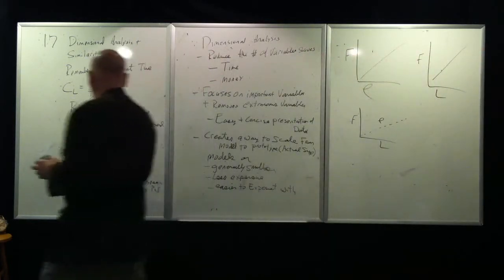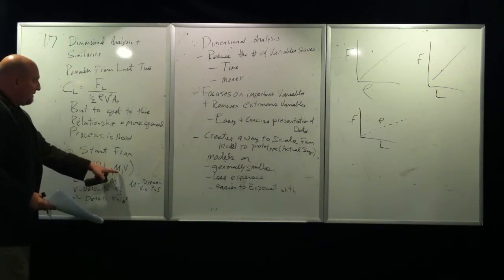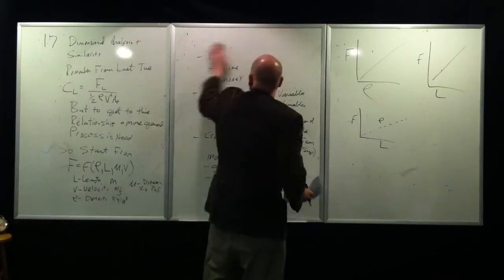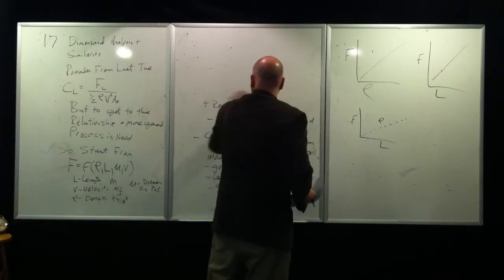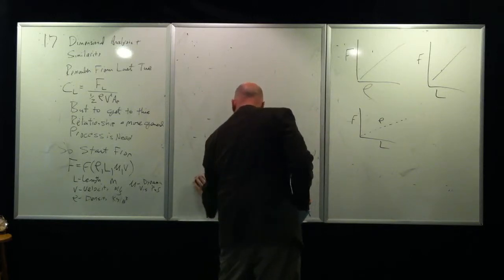So as we stated here, force is a function of 4 variables: density, length, viscosity, and velocity of the flow, or the velocity of the object in the fluid.